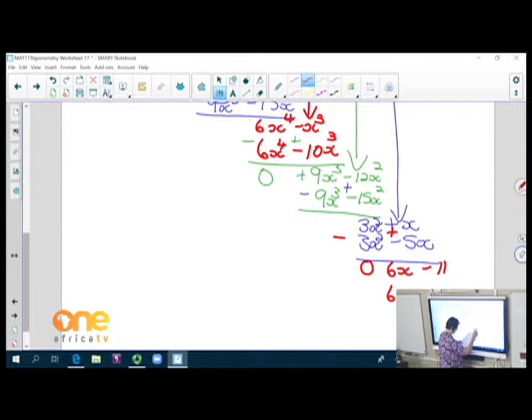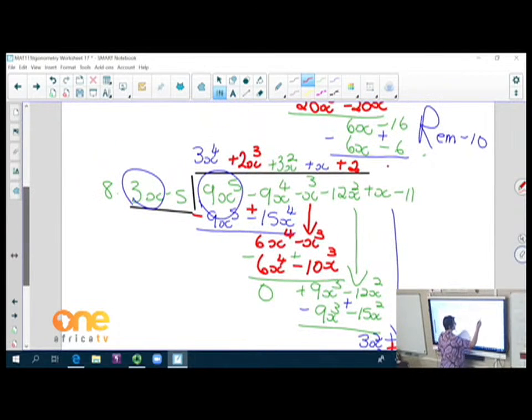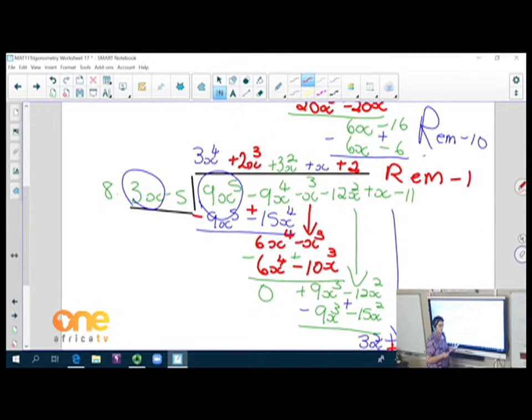Oh, here we have that one, and the remainder is then negative 1. So plus x, remainder, negative 1. Right, so please look at your mistakes. A lot of you did very well.